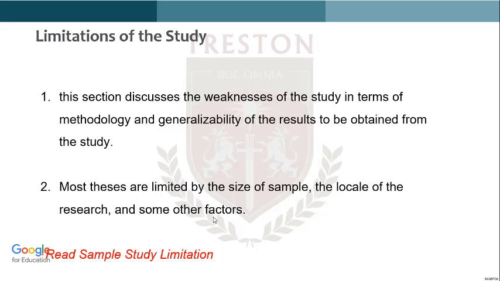What I can put in my limitations of study is that I would only study students from Treston, therefore limiting my sample size. And then the locale of research, which is the demographic. And some other factors, maybe I will just study women, for example, students of Treston that are women. So you could put that in your limitation of the study.